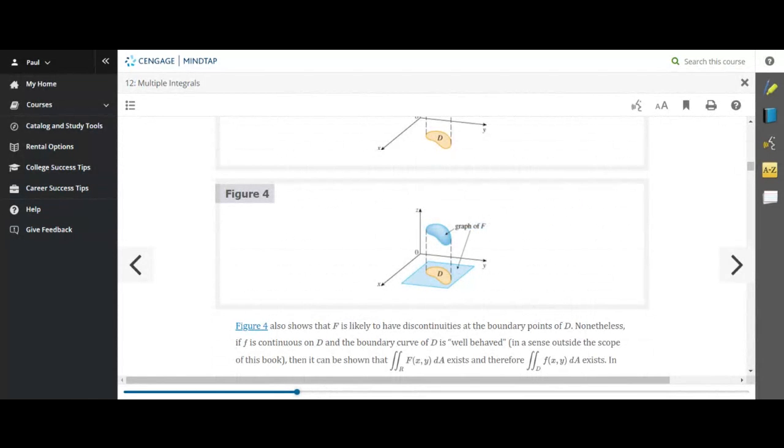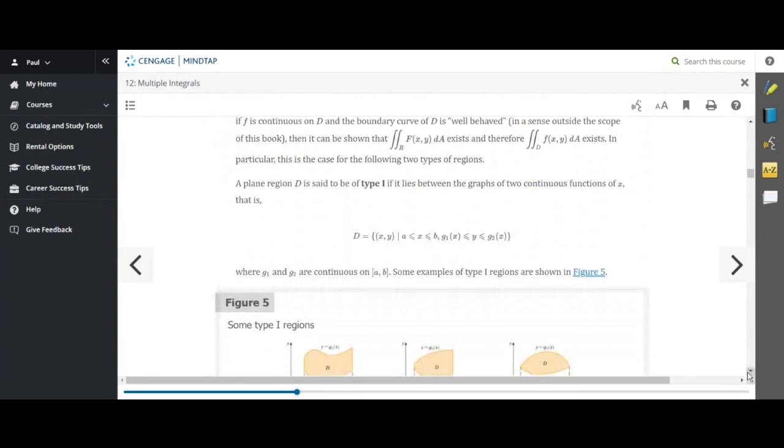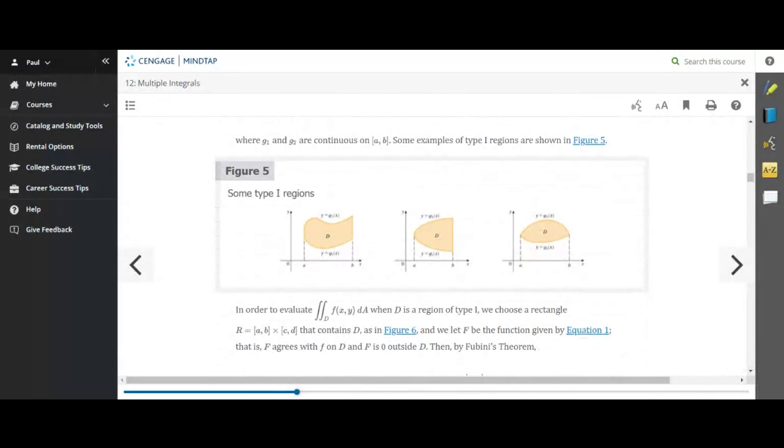You can see they've put a blue rectangle around region D, but the region D is not a rectangle, right? So what would a double integral look like? Well, first of all, before we get there, let's talk about some type 1 regions.